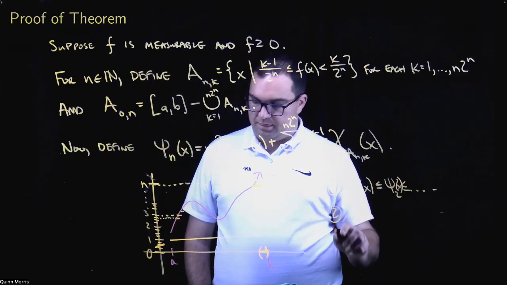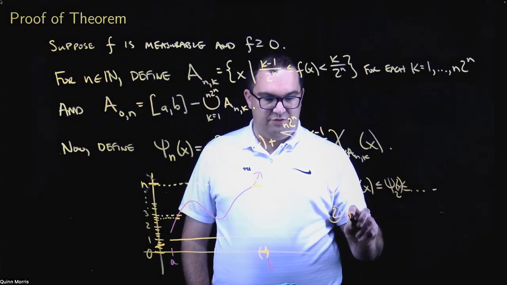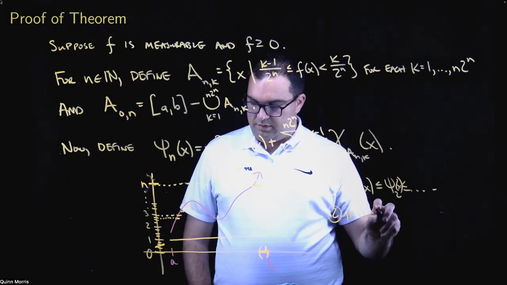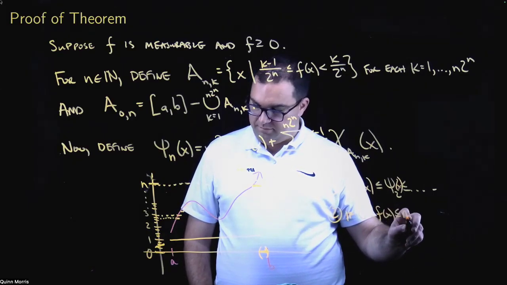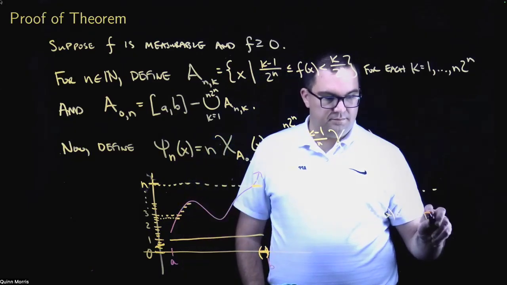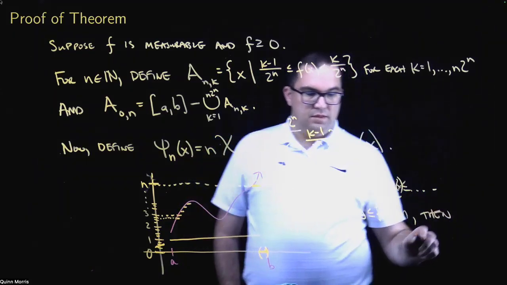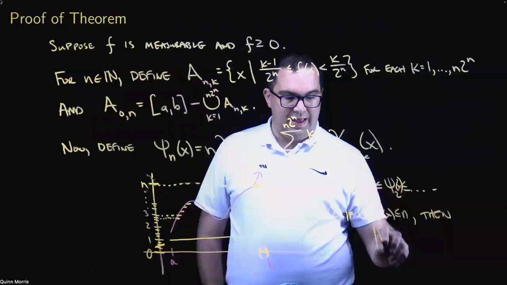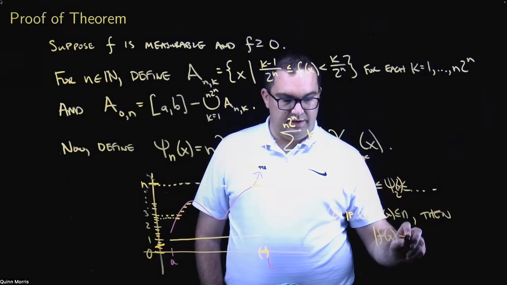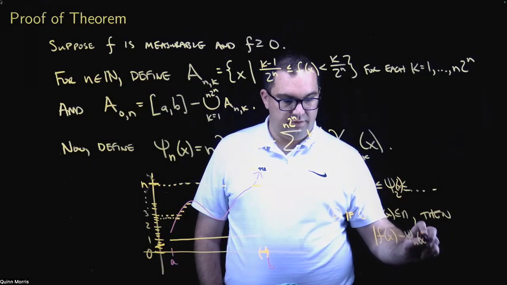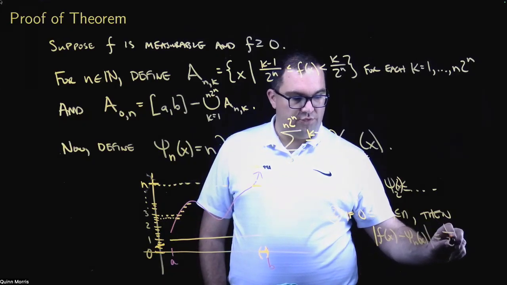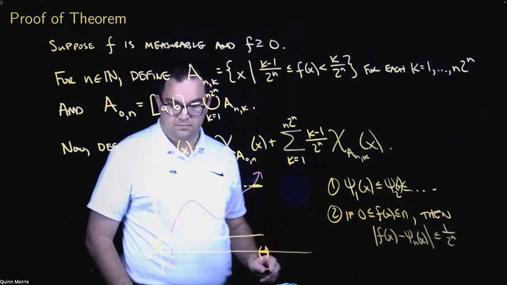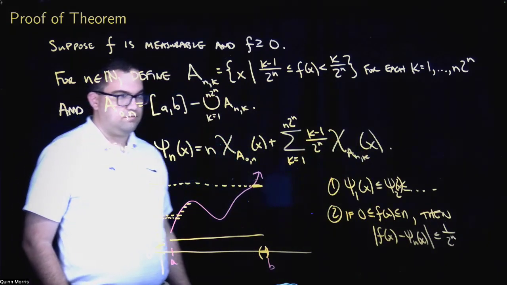Furthermore, you show that if f(x) is between 0 and n, then the furthest away that phi_n could be from f is 1 over 2^n.